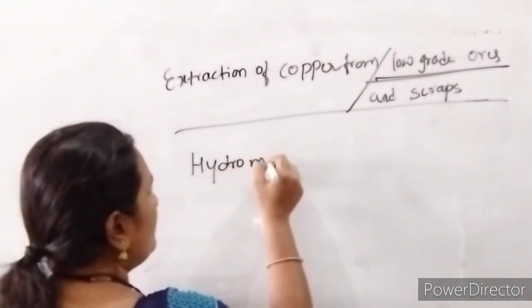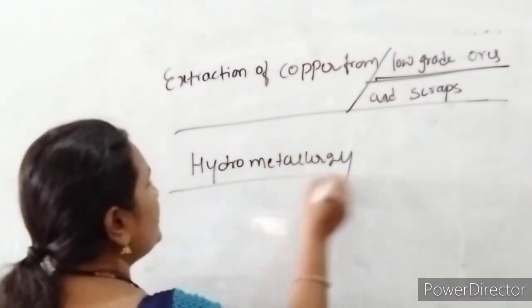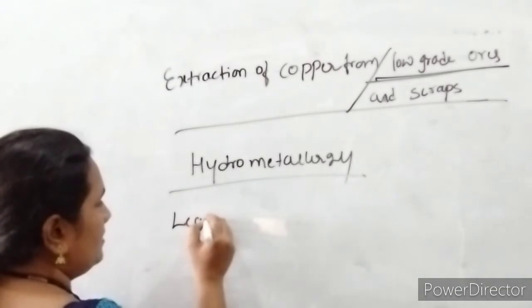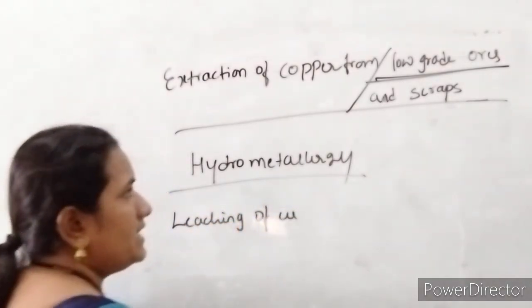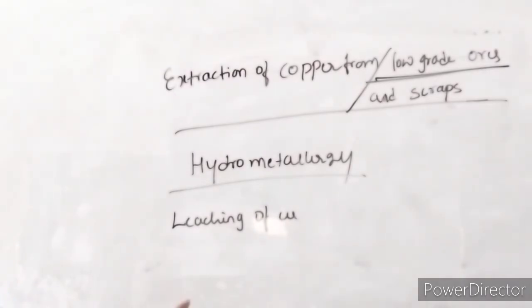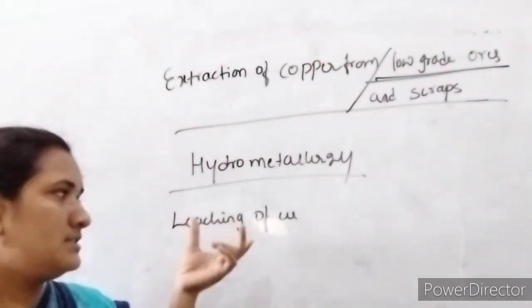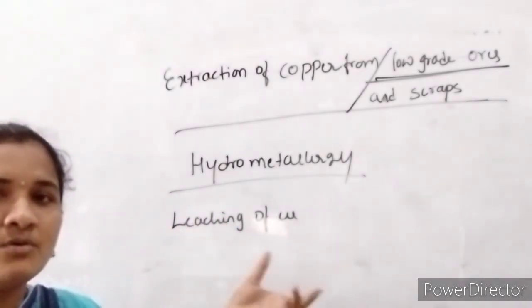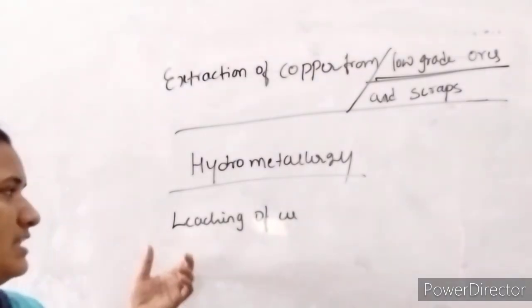It goes through hydrometallurgy and we do the leaching of copper ions. So here the leaching of copper takes place in this method. Leaching is nothing but dissolving this metal, dissolving this ore in a suitable solvent. That technique is said to be leaching.